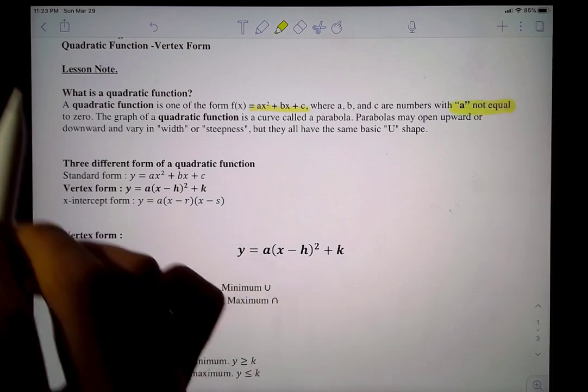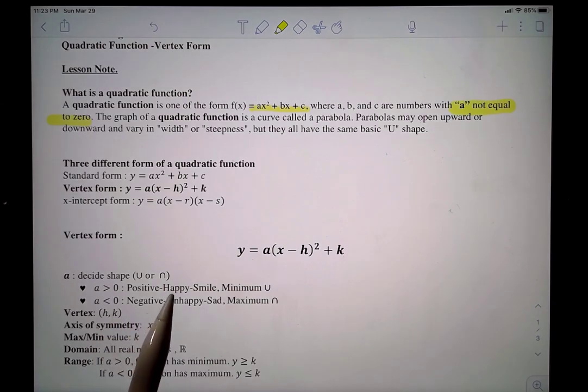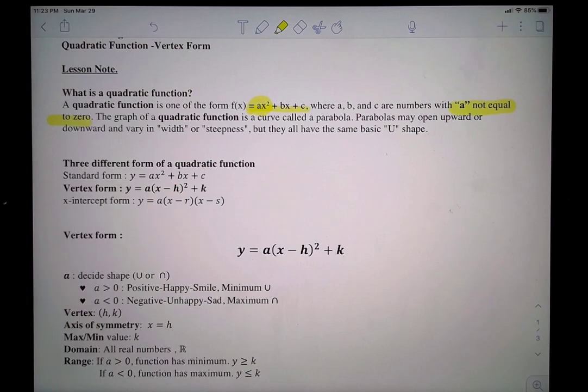This is important. A cannot be 0. So b or c could be 0, but a cannot be 0 because quadratic means your degree or highest power is 2. So you should have that term. So a cannot be 0, all right?